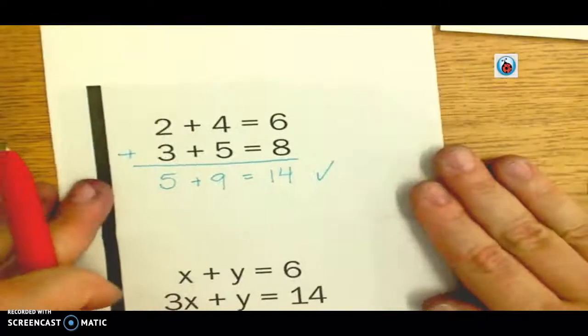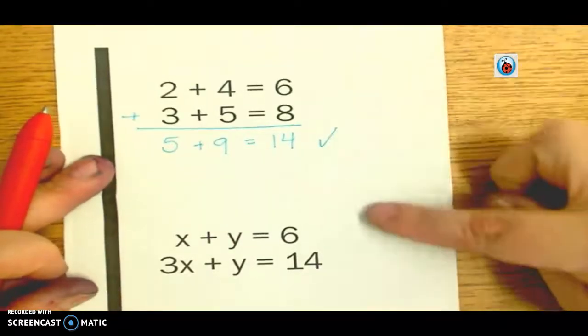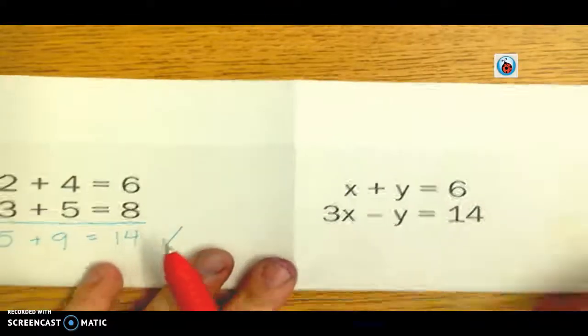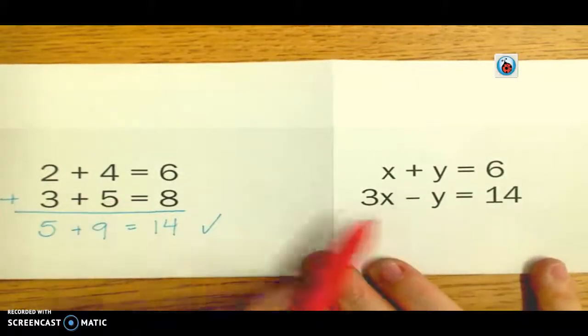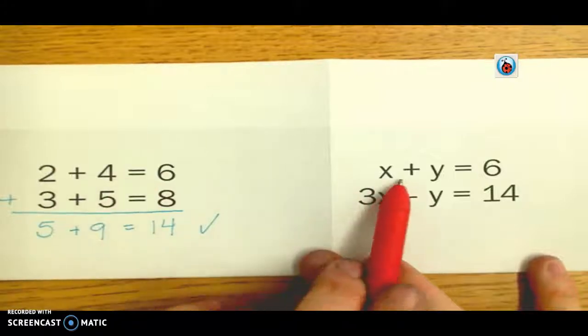So let's take a look again at this idea. Same problem, same kind of idea. Let me go this way. All right, let's compare these two. We've got a number plus a different number equals 6, which we have here.